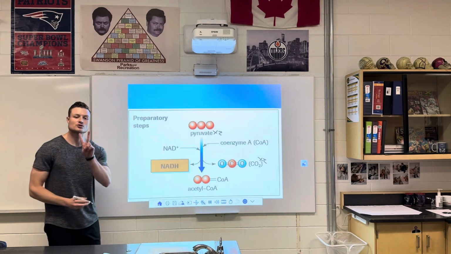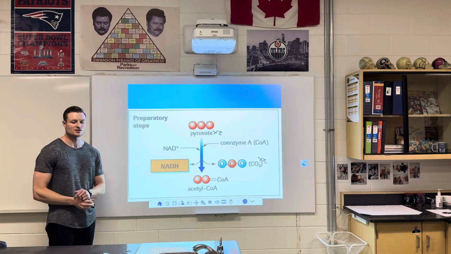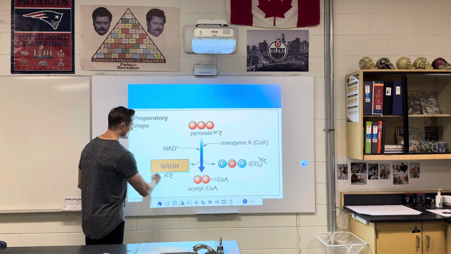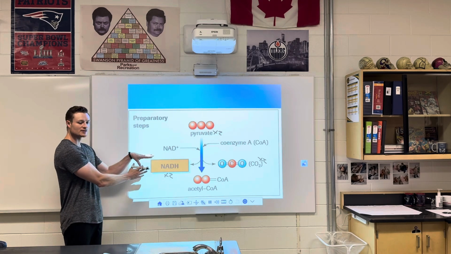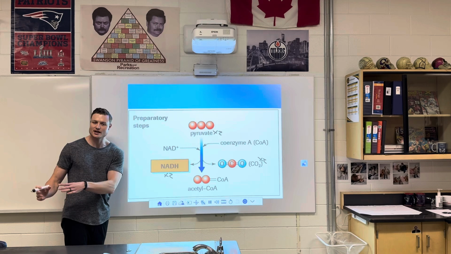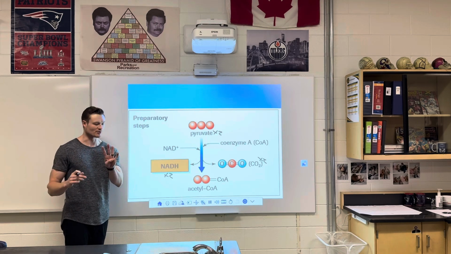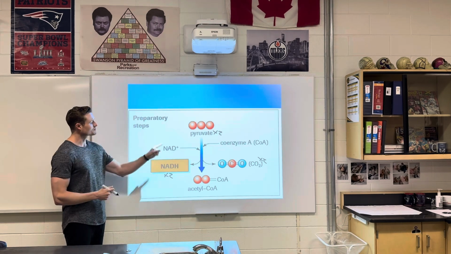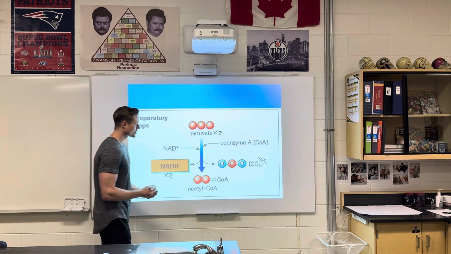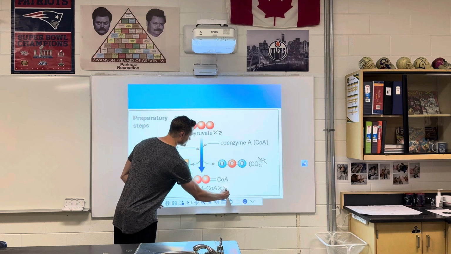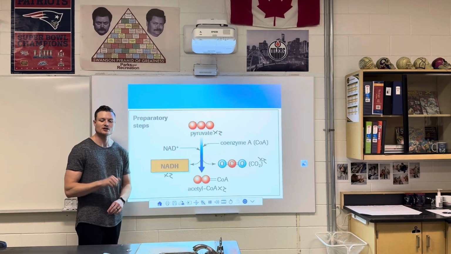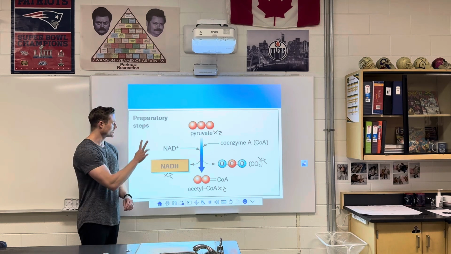So we're making 2 molecules of CO2, and we're making 2 molecules of NADH. And once again, we're just going to take that NADH, that electron carrier, and set it to the side for now. We're not going to use it just yet. We're going to set it to the side for step number 4. And then for each pyruvate, we're going to stick on what's called a coenzyme A to produce a 2-carbon acetyl-CoA. So at the end of pyruvate oxidation, you've made 2 acetyl-CoAs, 2 CO2s, and 2 NADHs.